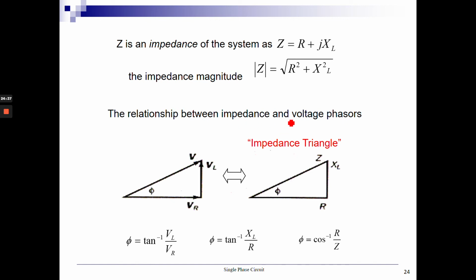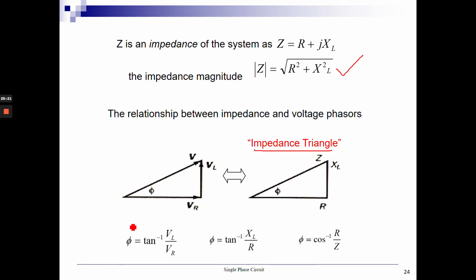So the relationship between impedance and voltage phasor. Your VR is at the axis because your theta is 0. So VR is positive, and then you will get V here. And then we can draw the impedance triangle. So your R is at the axis, as XL is positive, then you will get Z here. That's why your formula for Z is this one, where you find the hypotenuse from this impedance triangle.